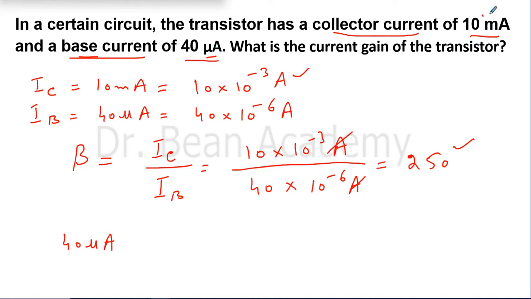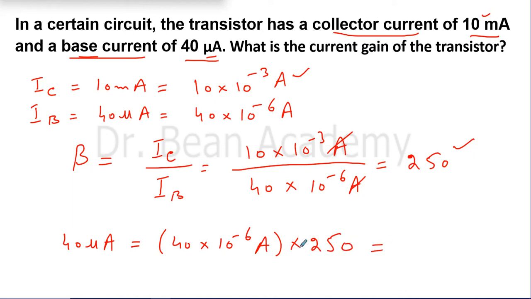It is way larger than the base current, almost 250 times the base current. So it means that if you have this value, 40 into 10 power negative 6 ampere, the collector current is 250 times the base current.